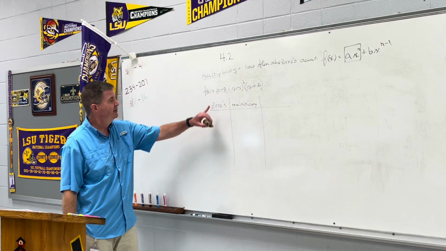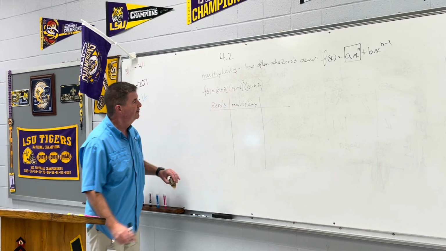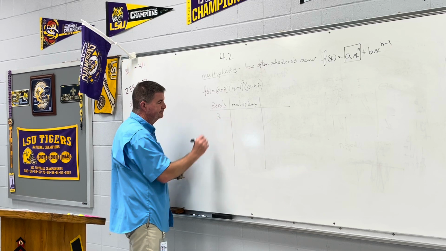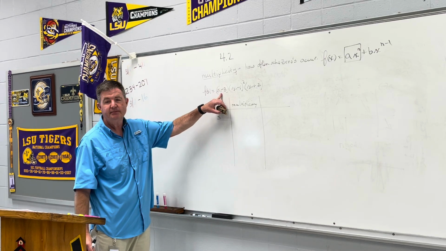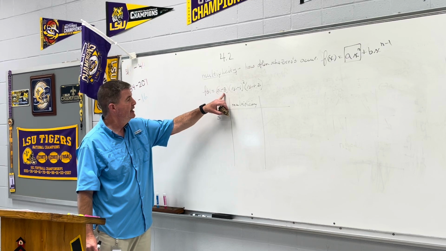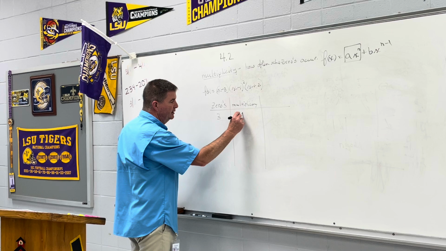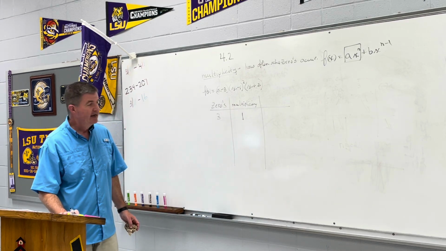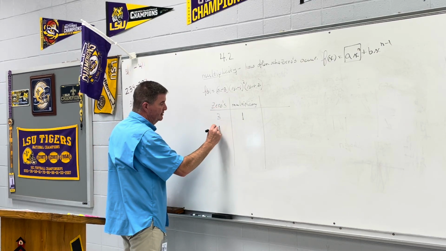The first zero we have is 3, because 3 minus 3 gives me 0. The multiplicity means how many times we have it. This x minus 3 is to the first power, so its multiplicity is 1. The next one is 1, because 1 minus 1 is 0.